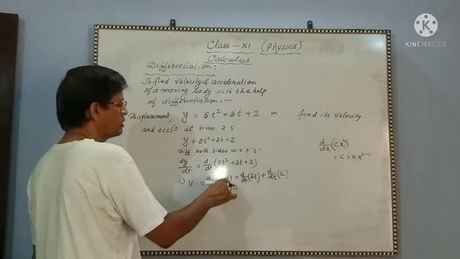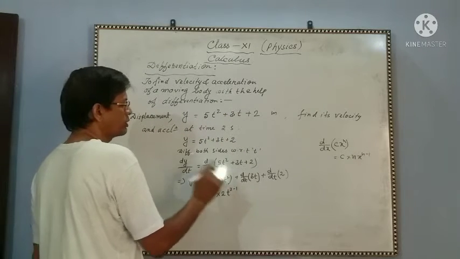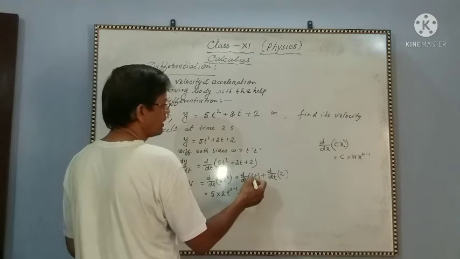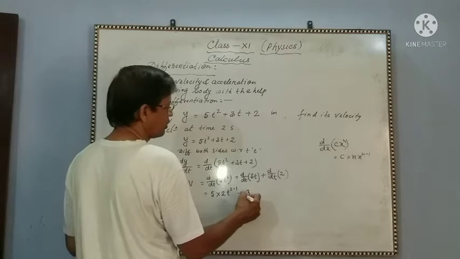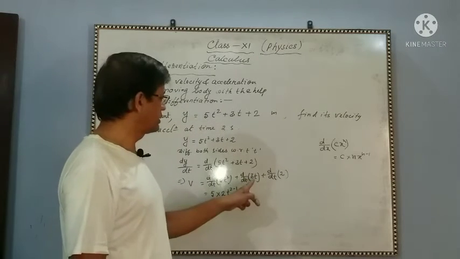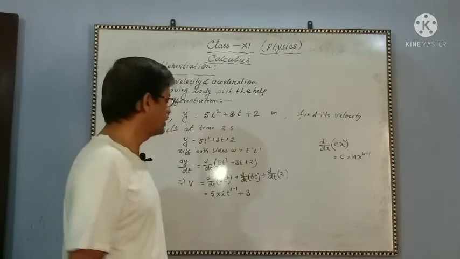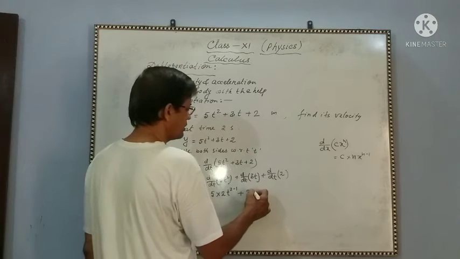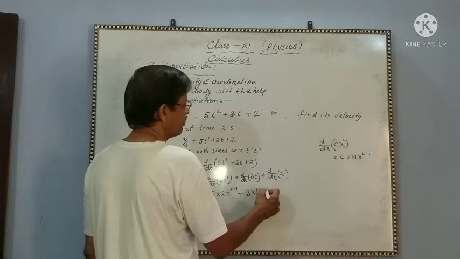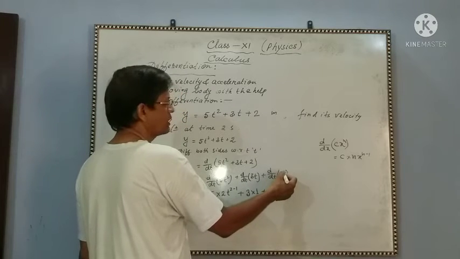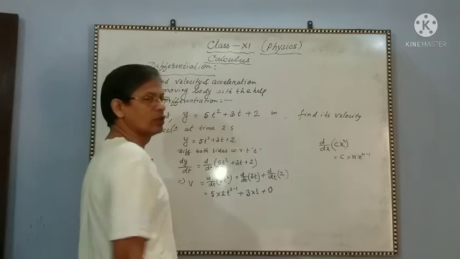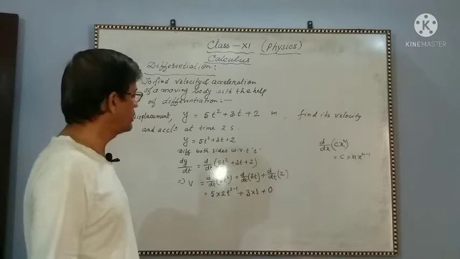So here n is 2, so 2t to the power 2 minus 1, plus 3 is constant coming out, d by dt of t is 1, plus the differentiation of a constant term is 0.